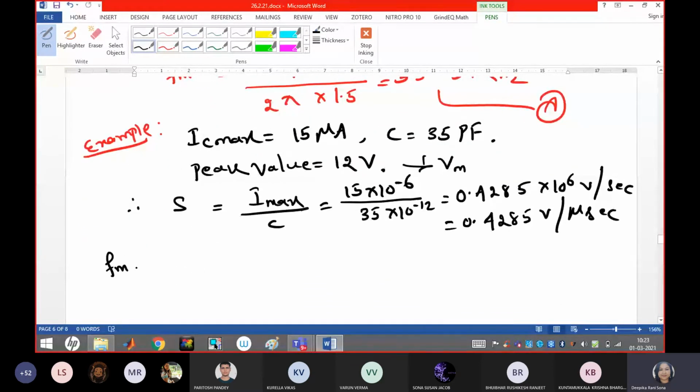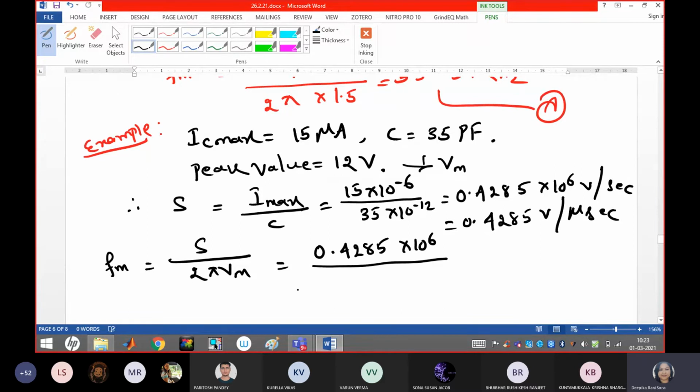And also we know that Fm is equal to maximum allowed frequency S by 2 pi Vm. So S is known, 0.4285 into 10 to the 6 whole divided by 2 pi into 12. The answer will be 5.684 kilohertz.